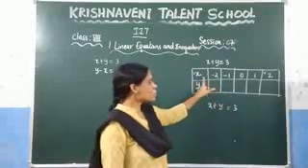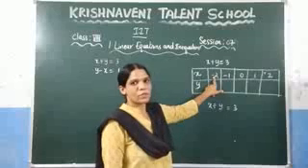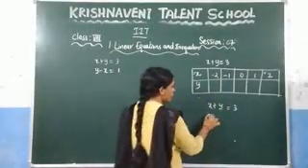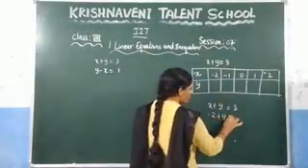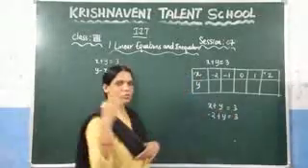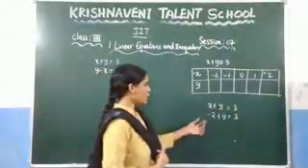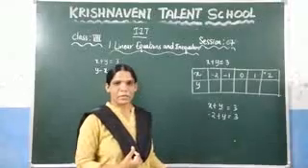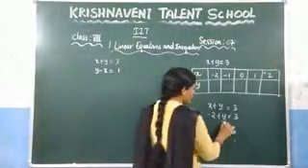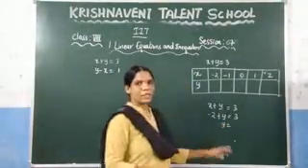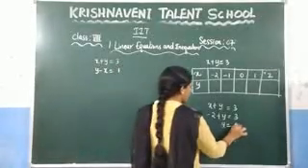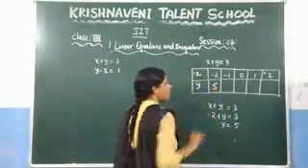Let us substitute x is equal to minus 2. Writing minus 2 plus y is equal to 3. Since we need to find the value of y, take minus 2 to the other side, it becomes plus 2. So you get y is equal to 3 plus 2, which gives 5. Write it here, 5.